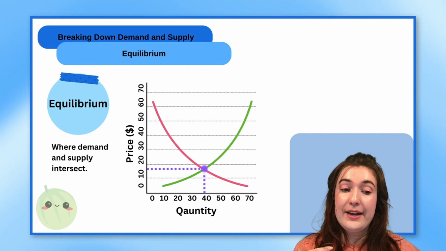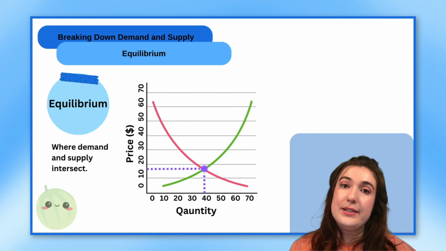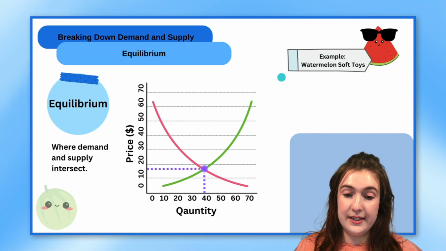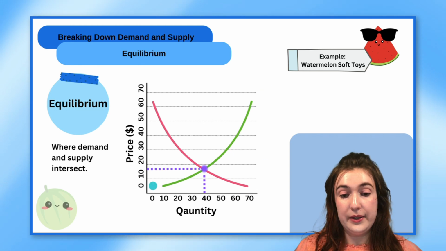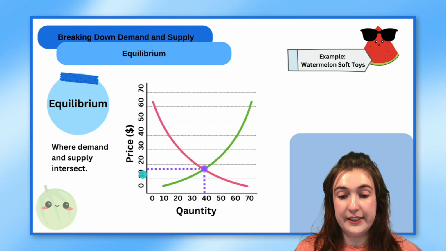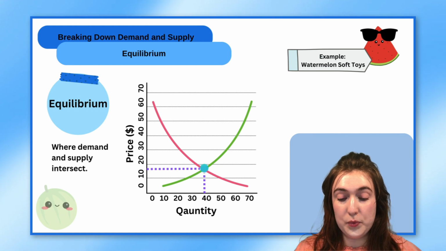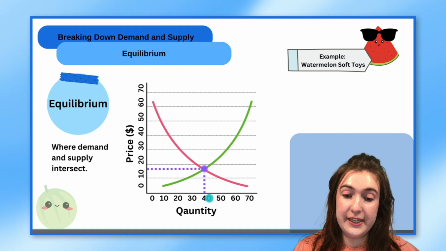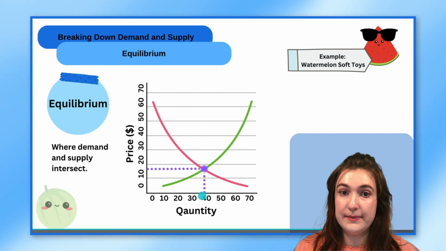Now let's look back at our example for our watermelon plushies and shift the graph a little bit so that it gives you a different type of example to look at. So as we can see, here is our demand curve and here is our supply curve. Now, they intersect here. And let's say that means that quantity-wise, we are able to sell roughly about 38 of our plushies.